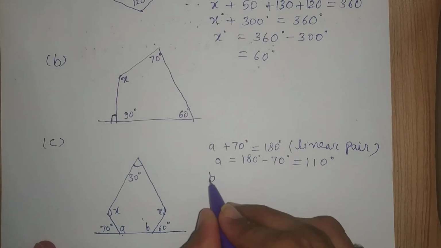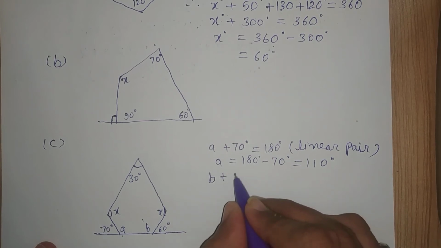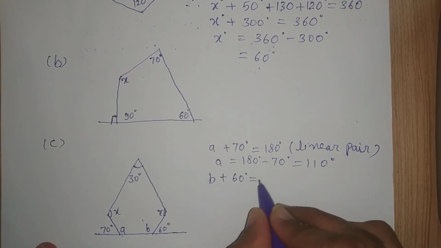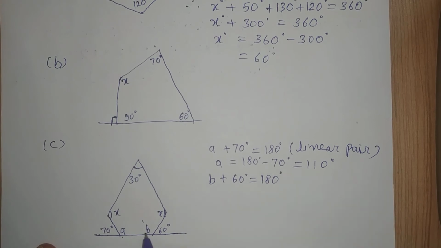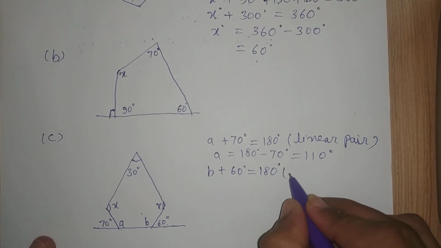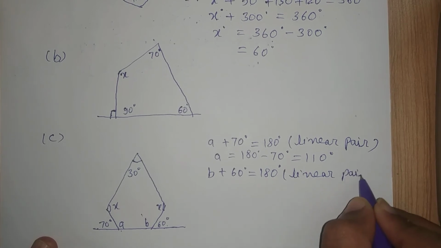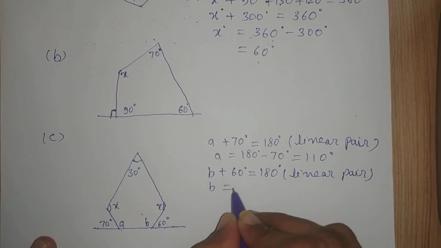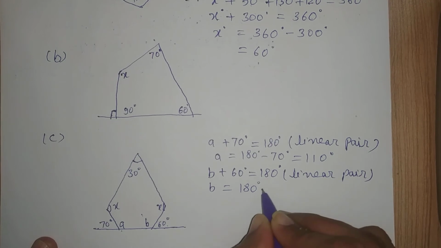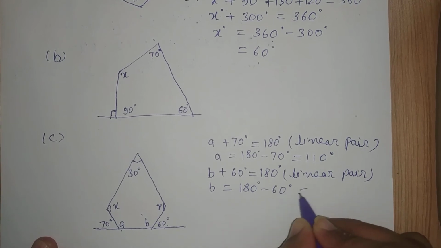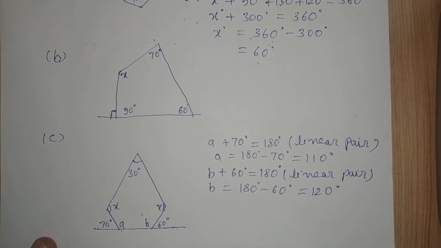Similarly, B plus 60 degree is equal to 180 degree because these two are forming linear pair. So B is equal to 180 degree minus 60 degree is equal to 120 degree. Now we have value of A, B and 30 degree now, and we have to find value of x.